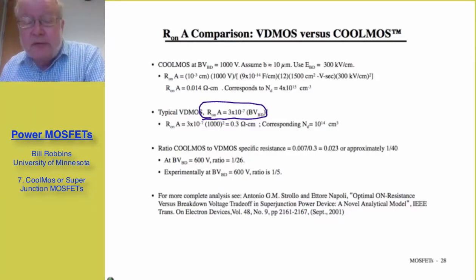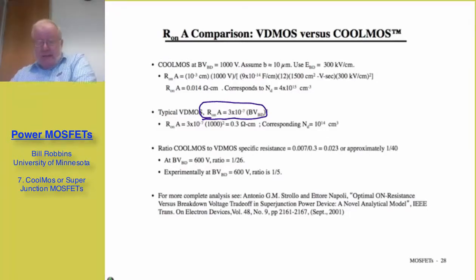So taking the ratio of these COOLMOS to VDMOS specific resistance, it's about a factor of 40 difference. Now, theoretically, if we were to go to a breakdown voltage of 600 volts, the ratio would be 1/26. Experimentally, it's on the order of about 1 to 5.